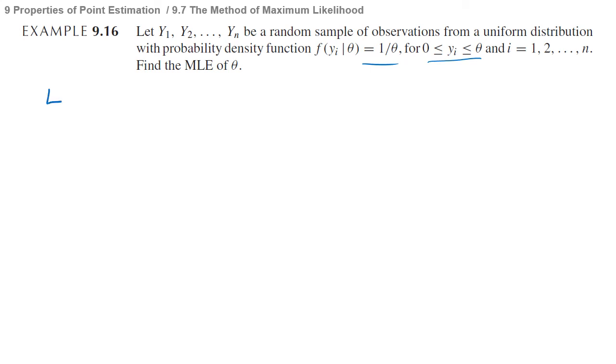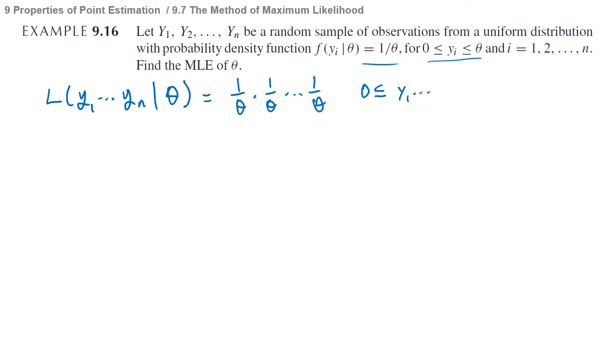Let's define our likelihood function. The likelihood function from y1 to yn given theta is 1 over theta times 1 over theta times ... times 1 over theta. There are n density functions, and also we have 0 less than y1 to yn.